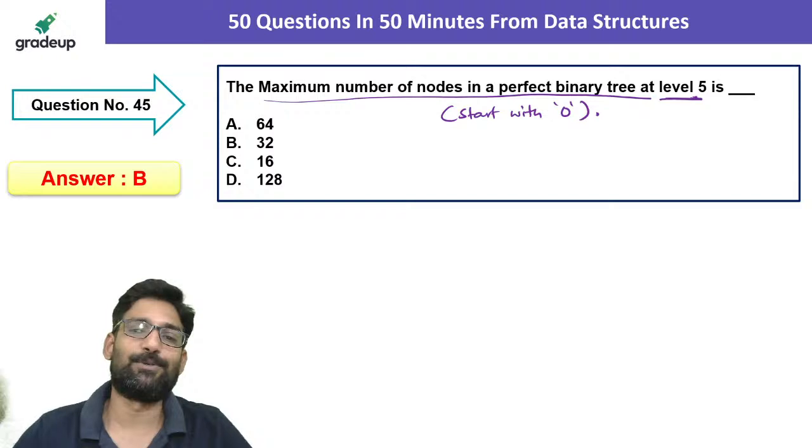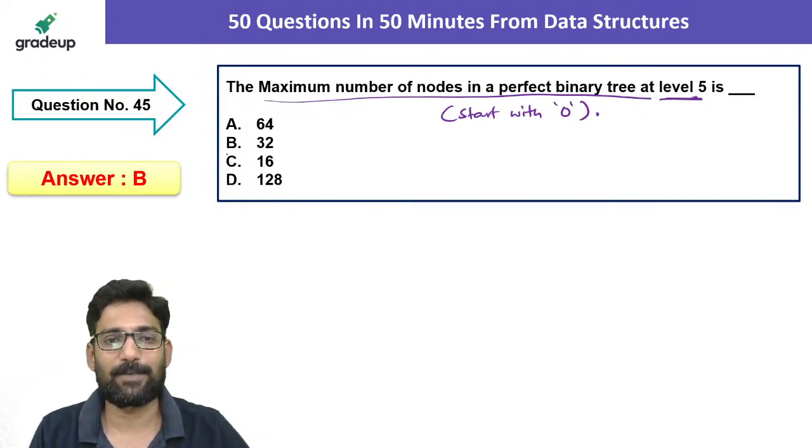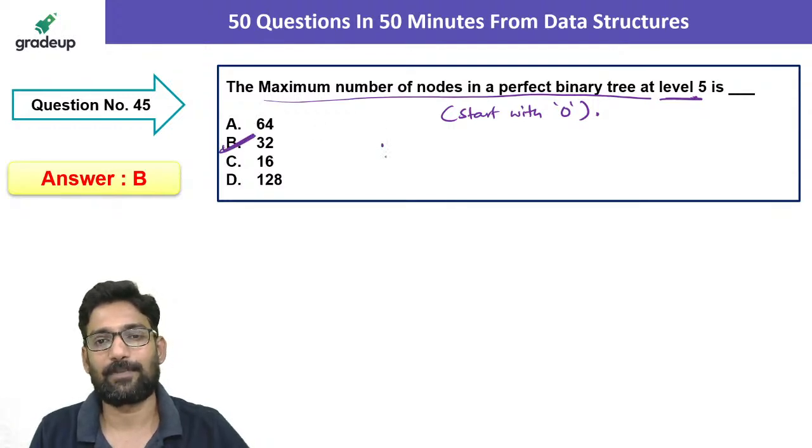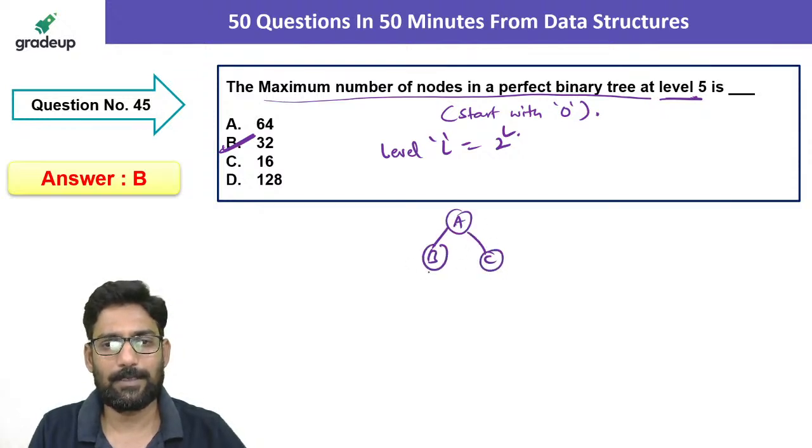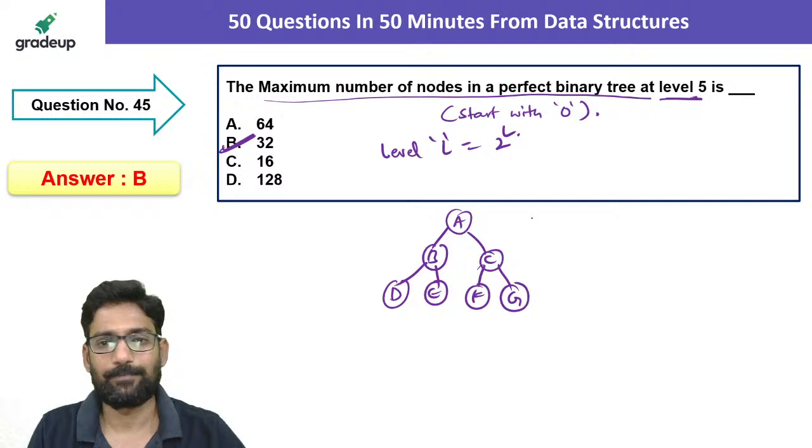Guys, I told you it starts with 0. So the max number of nodes in a perfect binary tree at level 5 is 2 power 5. At level L it will be 2 power L. Simple. You just see A, B, C, D, E, F and G. This is level 0, level 1, level 2.